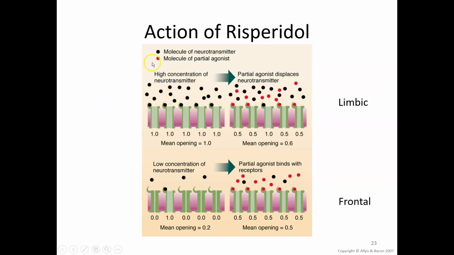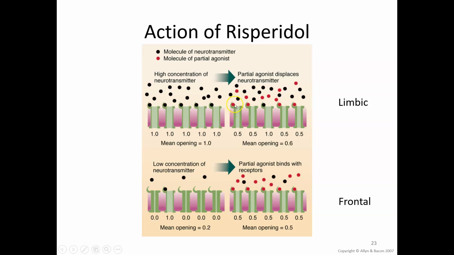We're going to start with areas where there's high concentration of the neurotransmitter, like the mesolimbic pathway. Where there's lots of dopamine activity and high overall opening of ion channels, what happens when you introduce the partial agonist here in red is that it's going to bind to those receptors.